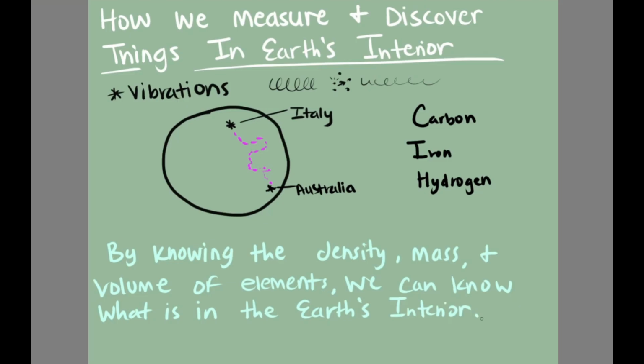And of course, we can always take deeper dives into this, but in general, this is a good place to start to help us to understand exactly what's inside Earth's interior and how we measure it.